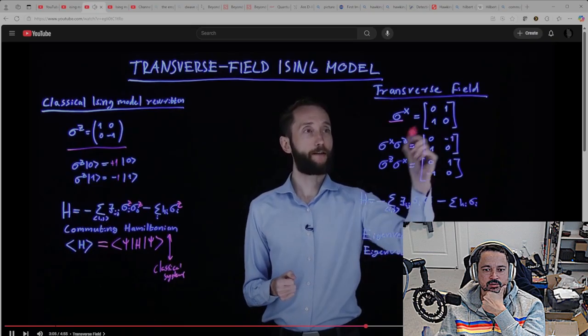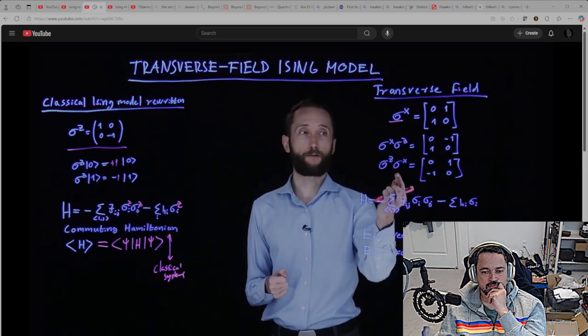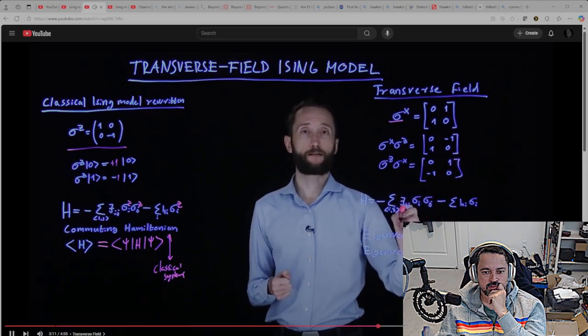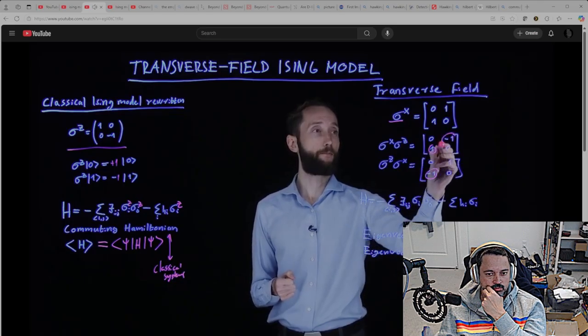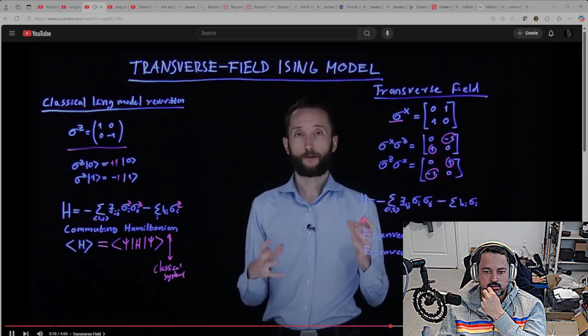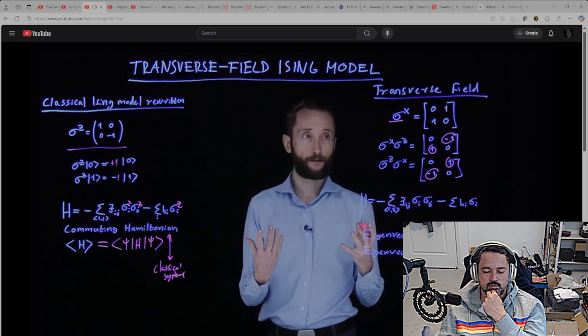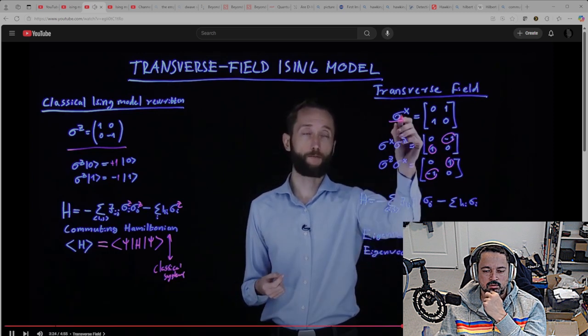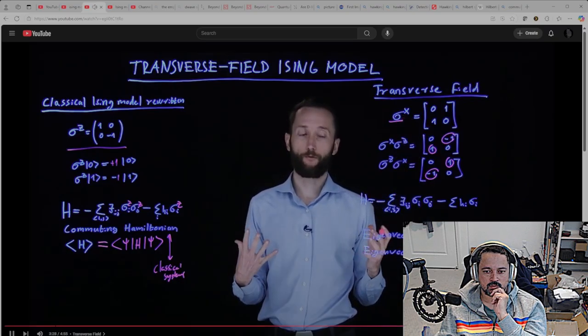Transverse field, so it's defined as this, and if you multiply sigma x by sigma z, or the other way around, you see that the result does not correspond, because here you have -1, here you have +1, and here you have -1, and here you have +1. So it matters in which order you use these two operators. In other words, if you add the sigma x to the Hamiltonian, then your Hamiltonian will no longer commute.